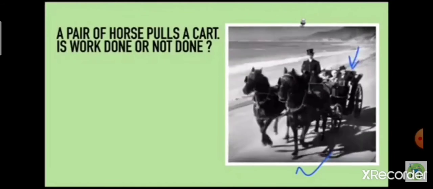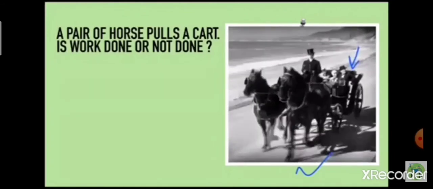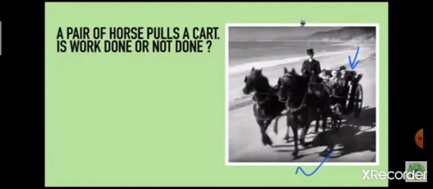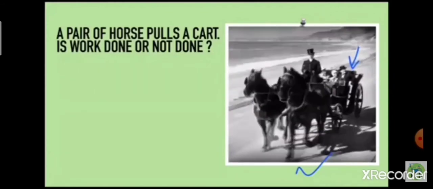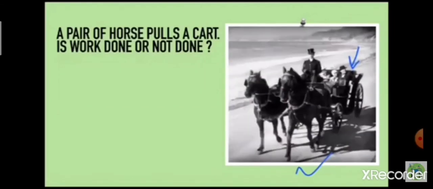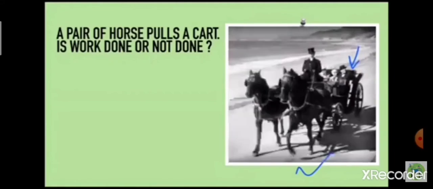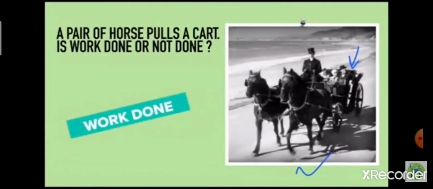And you can see the cart is moving. So the horse is applying force and the cart is moving. Here we can say that work is done.